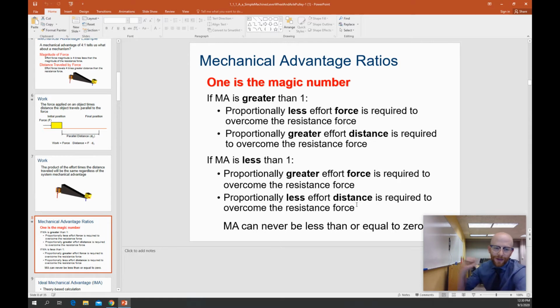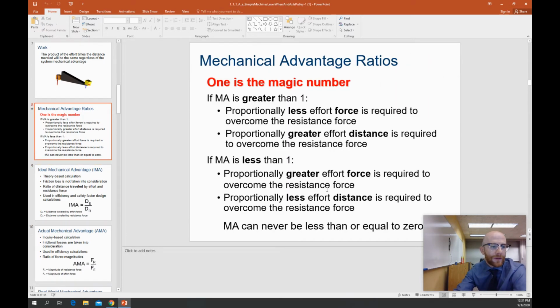So if I apply this much force, the output force is going to be more. If it's less than 1, it's the opposite. So I apply this much force, my output force is a little less. It talks about 0. Mechanical advantage can never be less than or equal to 0. Why do you think that is?